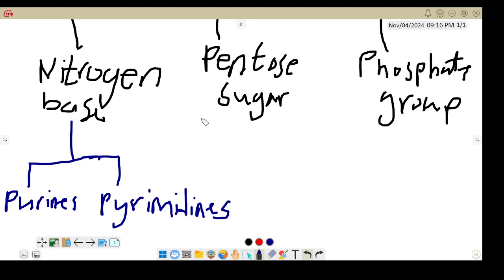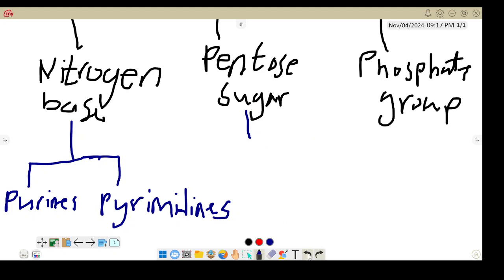And then for the pentose sugar, my board is very, very small. Okay, so we'll see how we can utilize it. So under the pentose sugar, I hope you are doing all this as well on your sheet of plain paper, or in a book, so that you can follow the way these things are flowing.